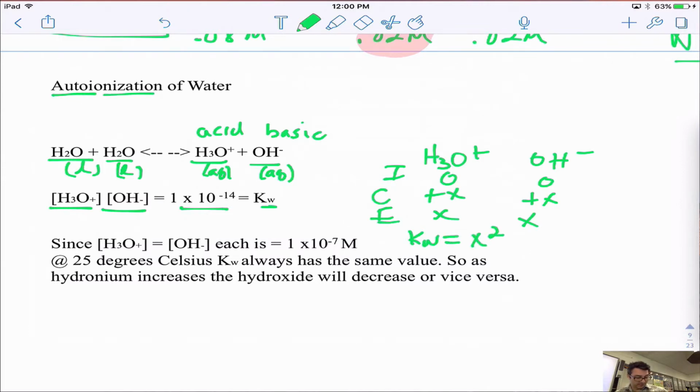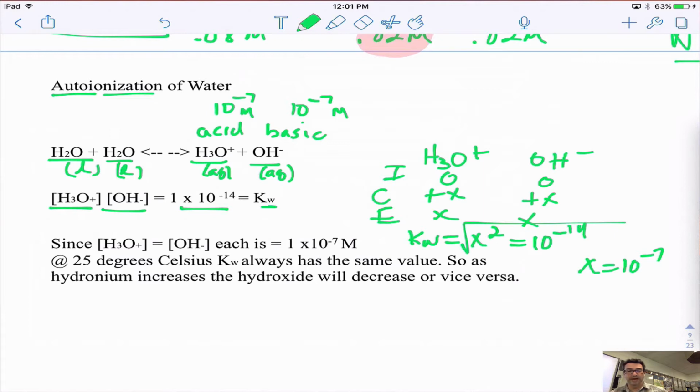When I solve for x, 10 to the negative 14th equals x squared. If I take the square root, I get that x is equal to 10 to the negative 7. Each of them, the H3O plus, the acid component, and the basic component, are each 10 to the negative 7 molar.